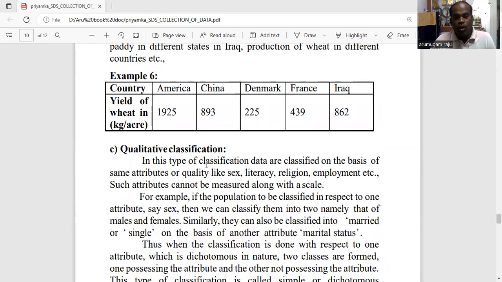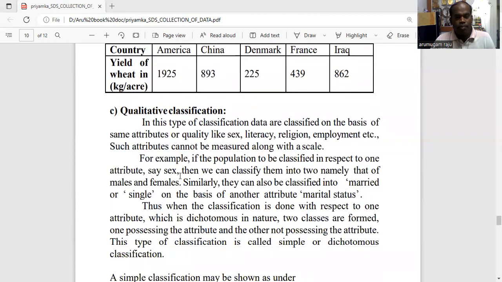The next one is qualitative classification. The qualitative classification is where we classify the data based on quality, not quantity. In this type of classification, the data is classified on the basis of some attributes or quality like sex, literacy, religion, employment, etc. Such attributes cannot be measured along with a scale.